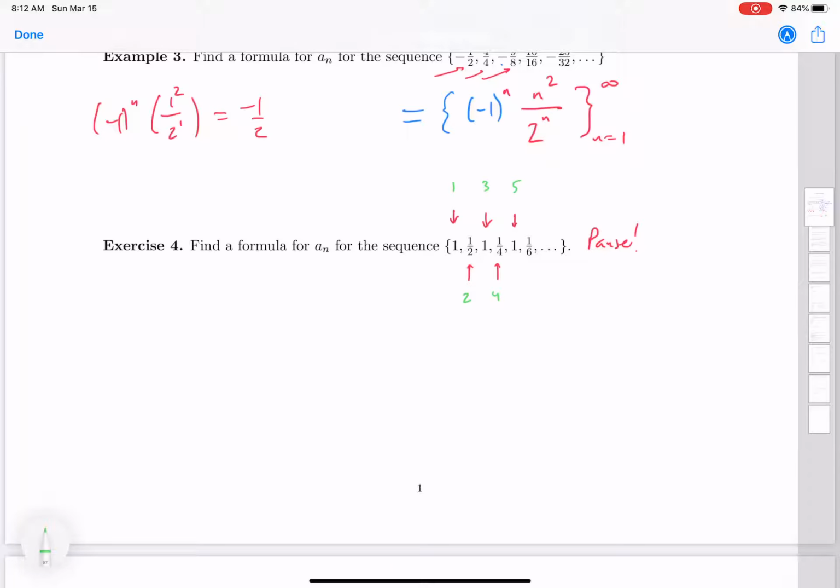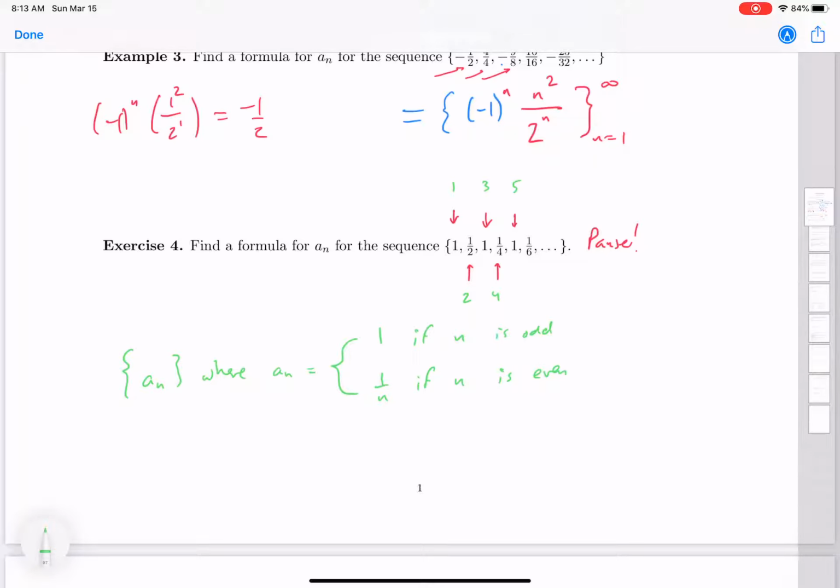So our sequence, in this case, I would write it this way, where a sub n equals, and I'm going to make a split definition, 1 if n is odd, and 1 over n if n is even.